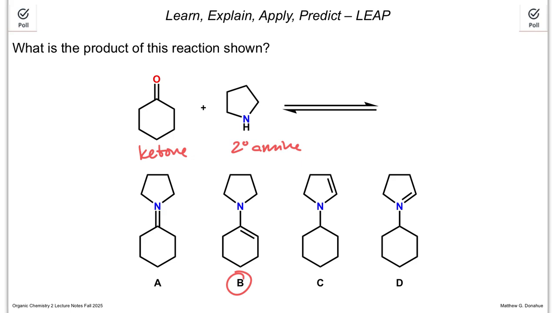So without spending your early to mid 20s writing out the mechanism of this, what's a way to kind of figure things out? So that's oxidation state 2. This is an alpha carbon. For an enamine, the double bond is always going to be between that. And then off that oxidation state 2 carbon is going to be whatever your amine is minus the hydrogen.